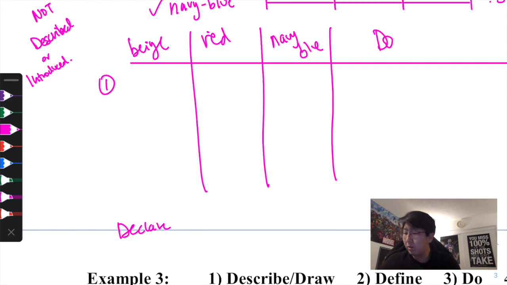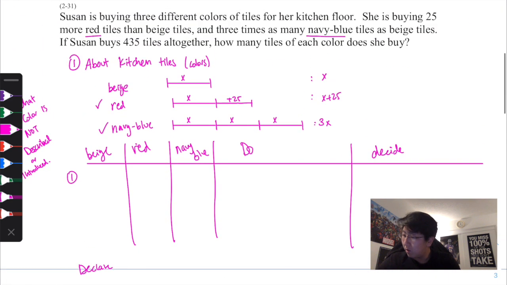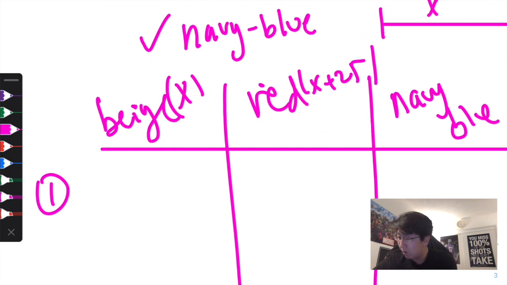Let's say beige. There's going to be a total. Alright, so let's look at this. Beige is x, red is x plus 25. Oh my gosh, this is ugly.